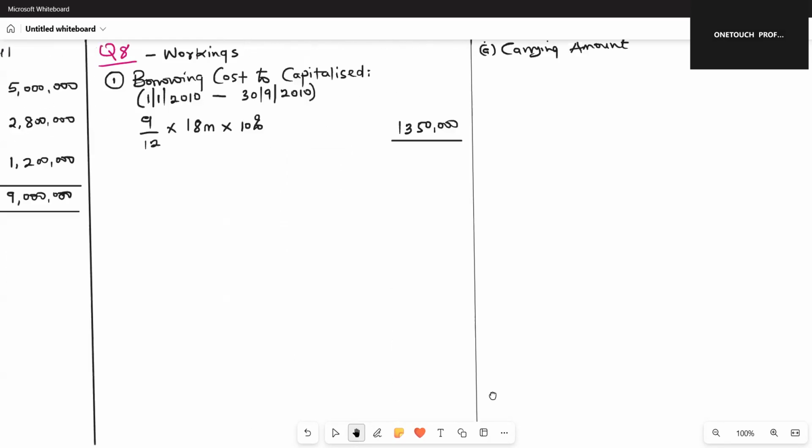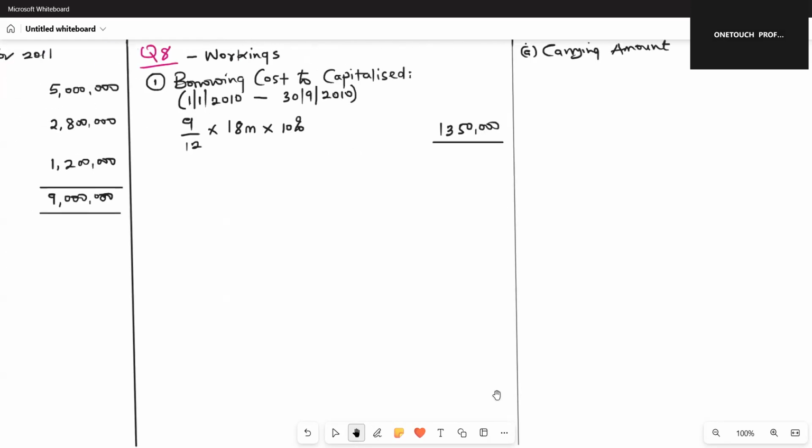Can somebody tell us how much borrowing cost will be taken to the P&L? When does the year end? 31st December. So the remaining 3 months interest will be taken to P&L. Is that not it? This one we're not given any scheduled payments.